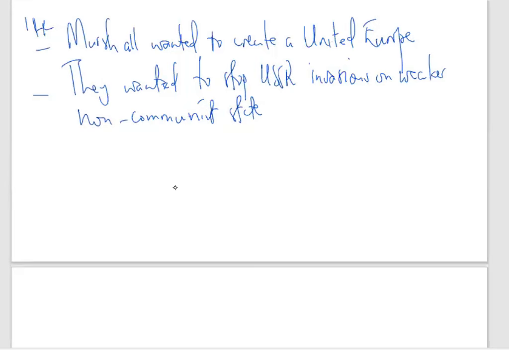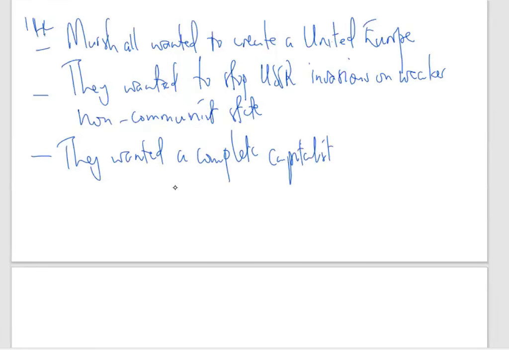And also we can argue that they wanted a complete capitalist rule across Europe.